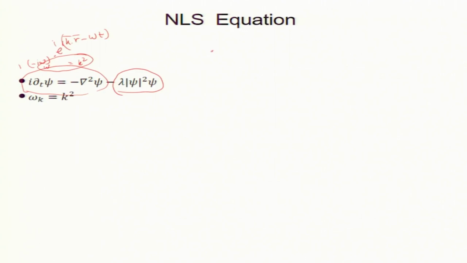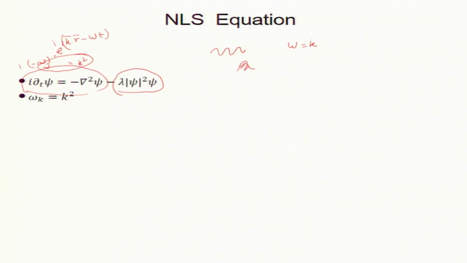So, I hope everybody understands that if omega is a linear function of k, then all the waves move with constant speed. So, if I take a Gaussian packet, then this will not spread.